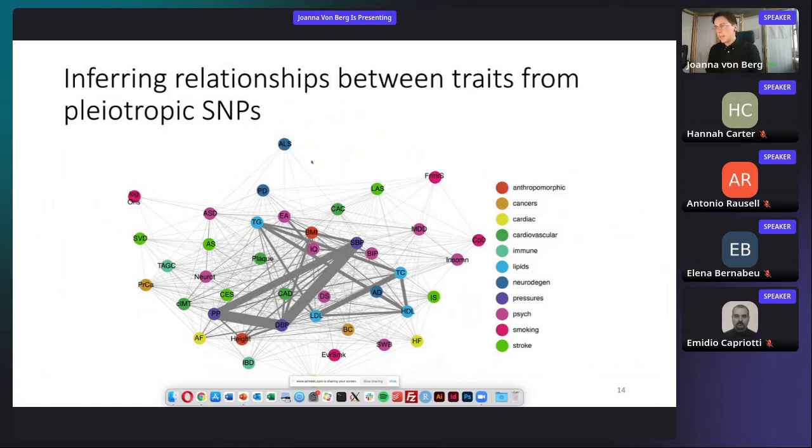That's what we did here, but we applied it to almost 50 traits and did all combinations. And afterwards, we created a network where each edge, so each connection, tells us how many SNPs are found to be shared by PolarMorphism for the 2 traits under consideration.